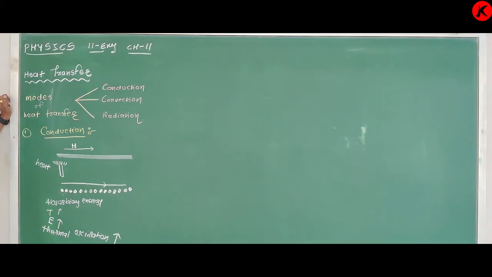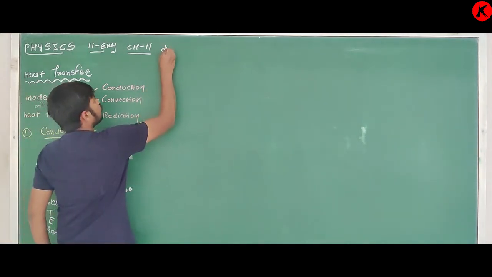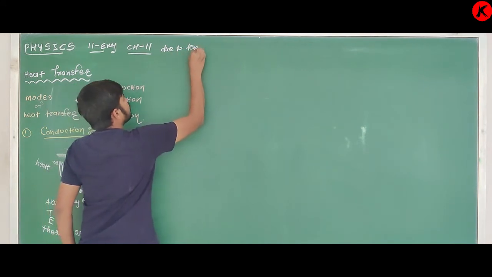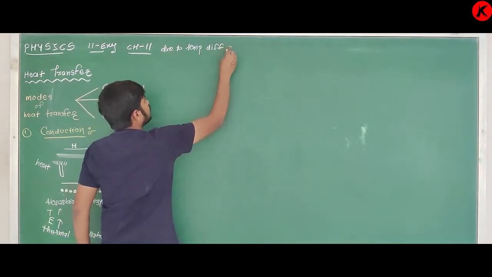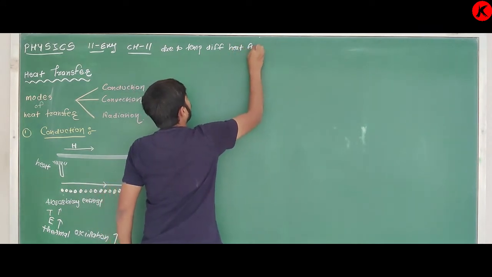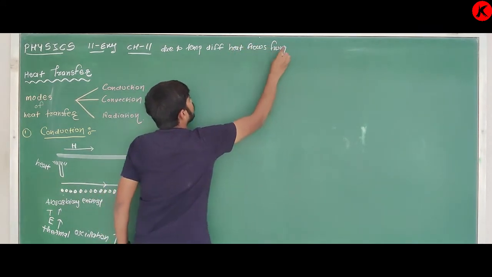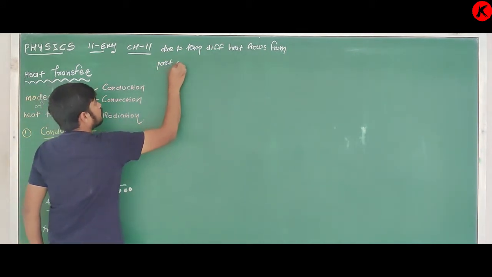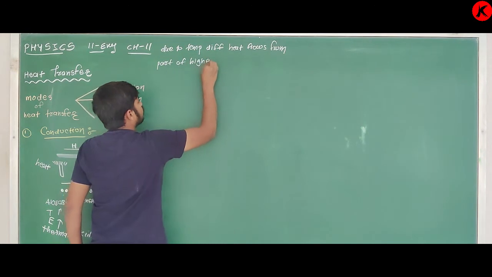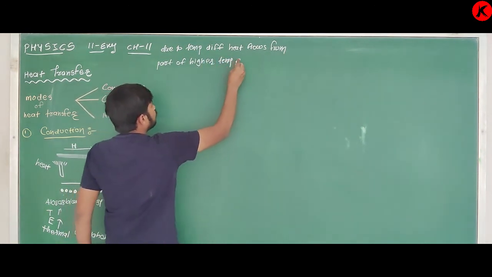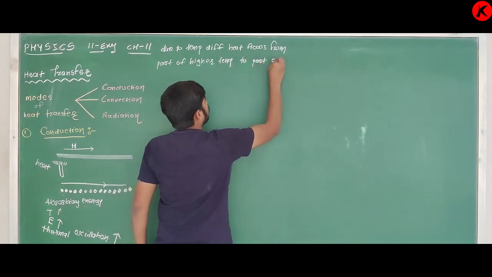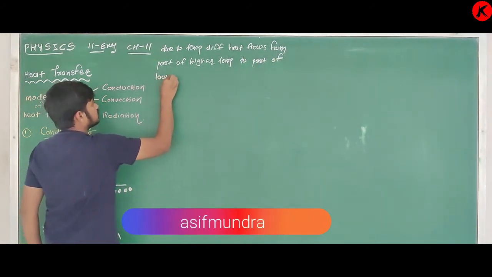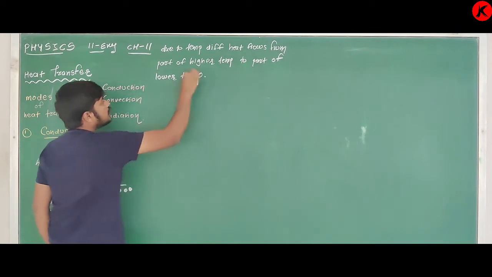And what is the reason for the flow of such heat? Temperature difference. Due to temperature difference, heat flows from the part of higher temperature to the part of lower temperature.